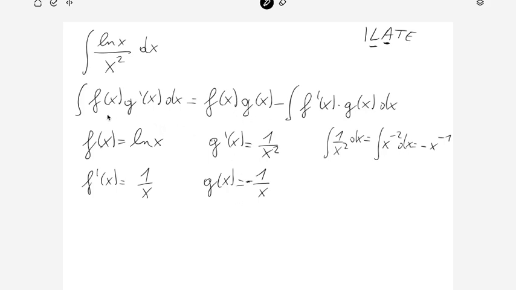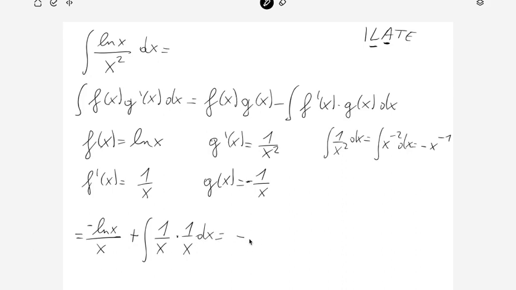Okay, so if we want to compute this integral, we use this rule. f of x is the logarithm of x, g is minus 1 over x, so minus logarithm of x over x, minus the integral of f prime, which is 1 over x, times g is minus 1 over x, so this minus becomes plus, and we have another 1 over x.